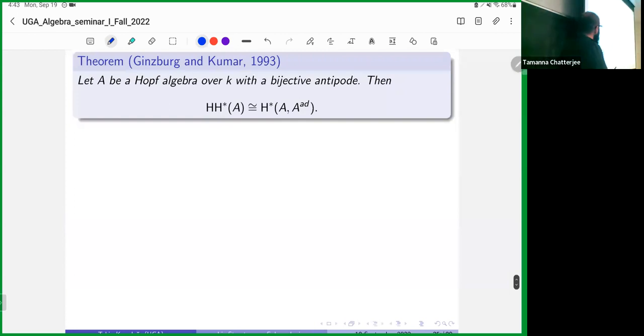And the proof of this theorem includes the Eckmann-Shapiro lemma. I don't have time, so I will not go through it, but I can.